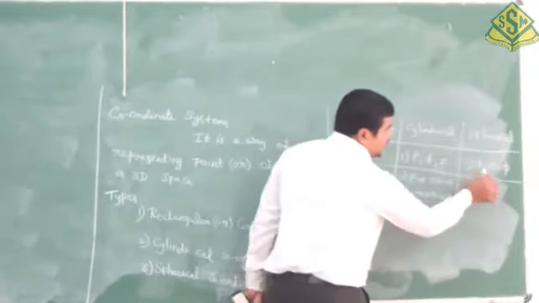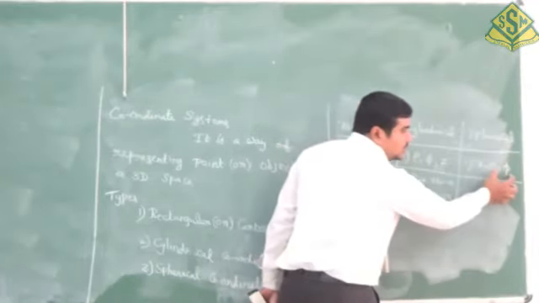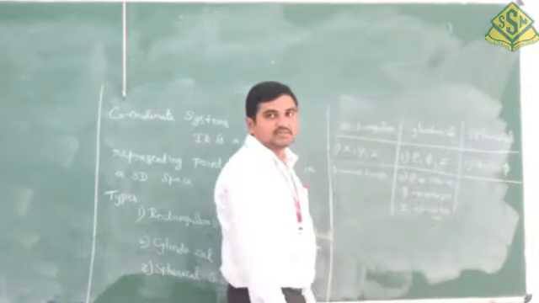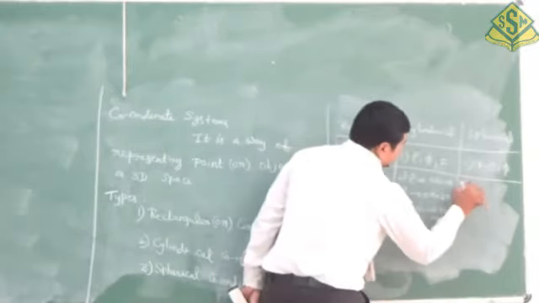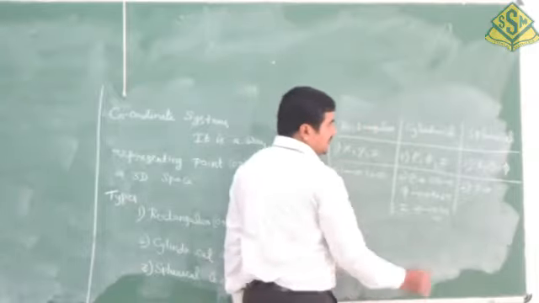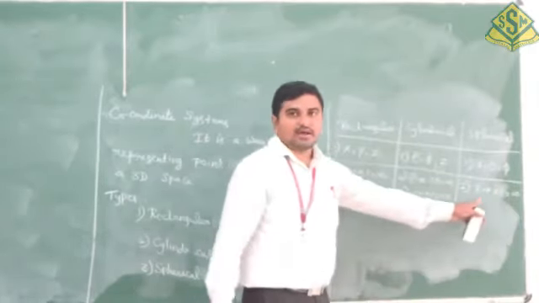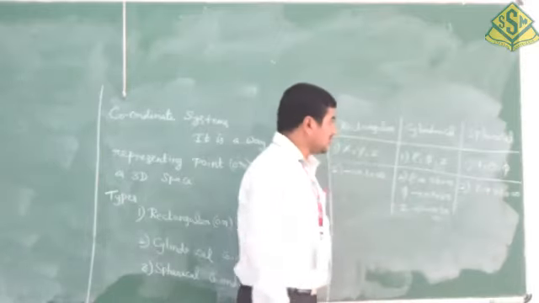Finally, we have the spherical coordinate system. Here we have 2 angles and 1 radial distance. First, r has the limit of 0 to infinity, because it starts from the origin and goes to infinity.